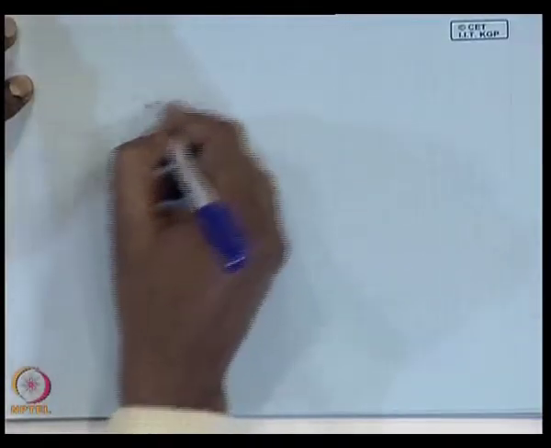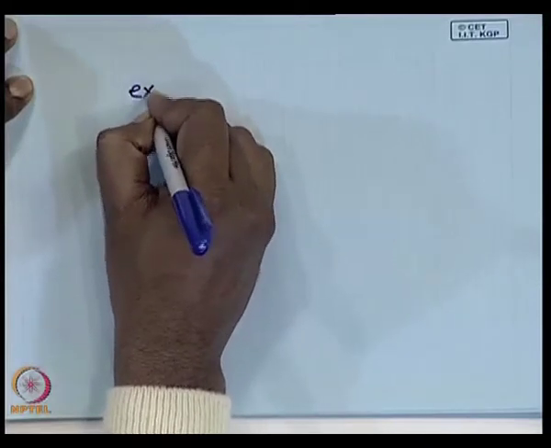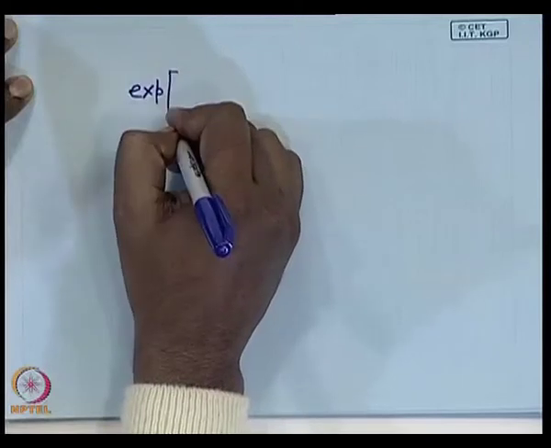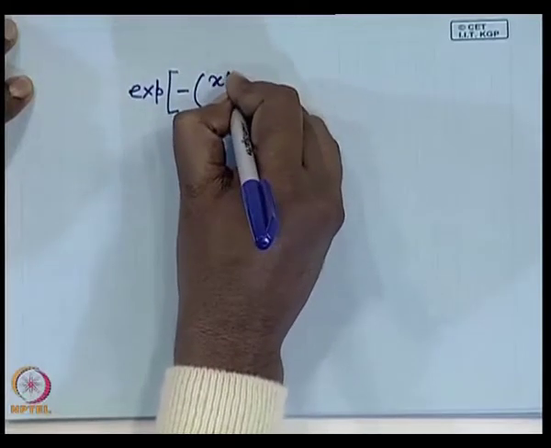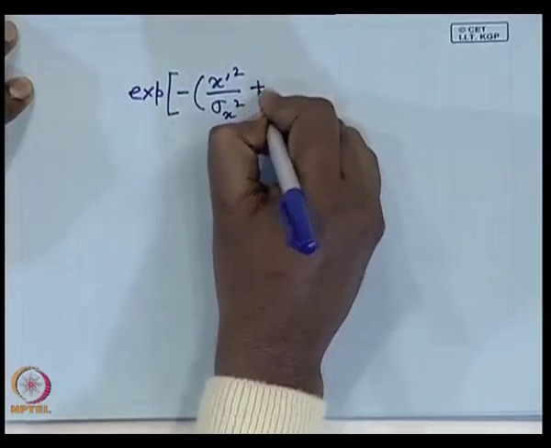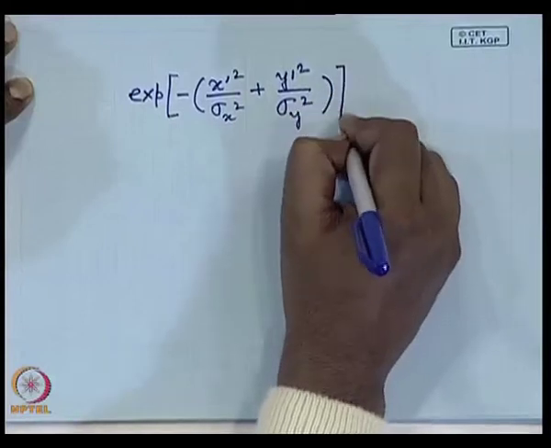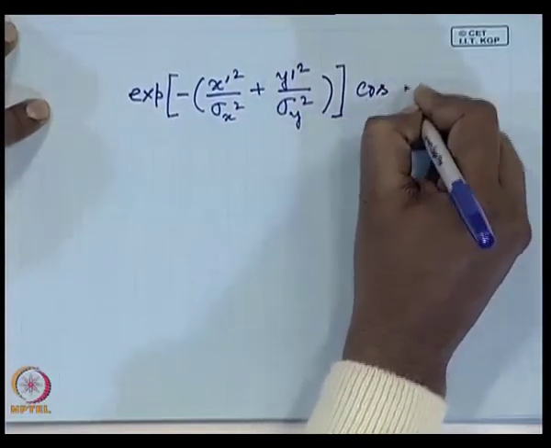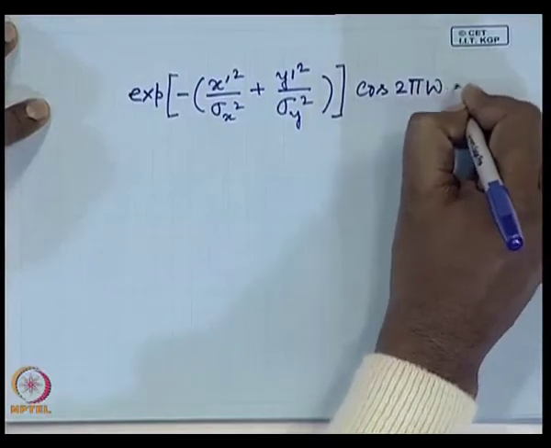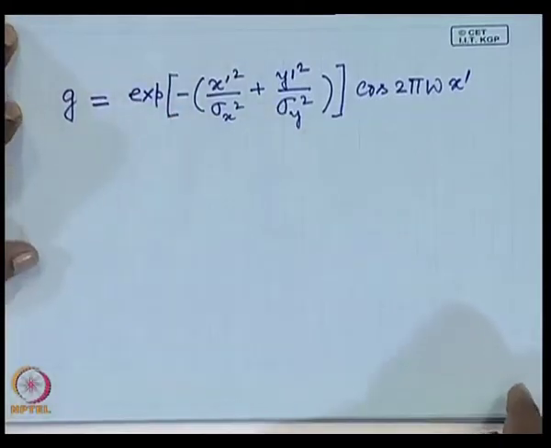A Gabor filter is given by an expression like this: exponentiation of minus x prime square by sigma x square plus y prime square by sigma y square, into cosine 2 pi omega x prime. So, this is my expression of the Gabor filter.